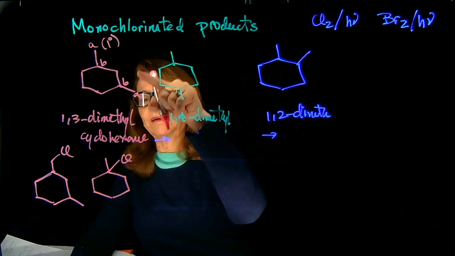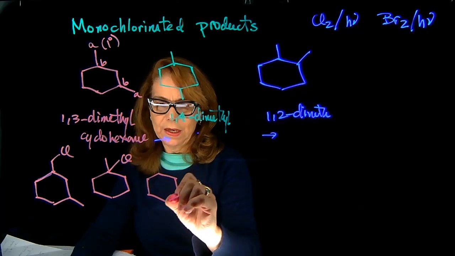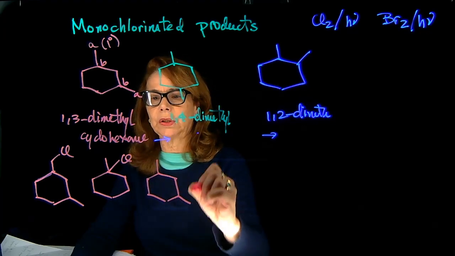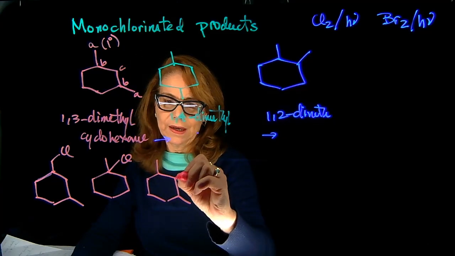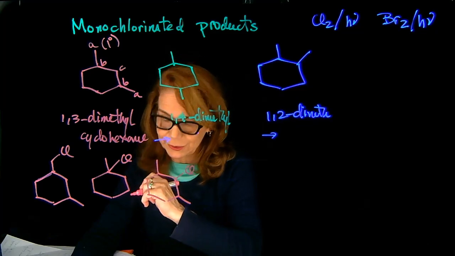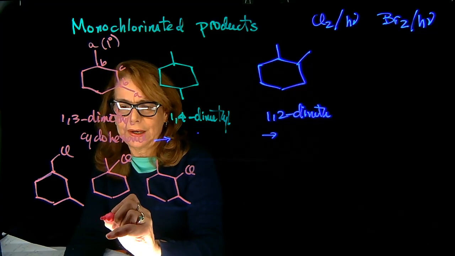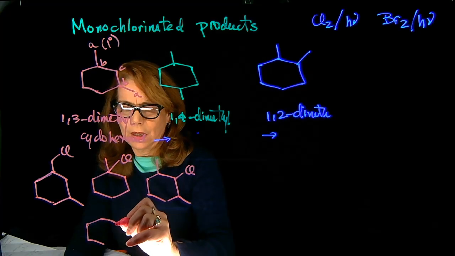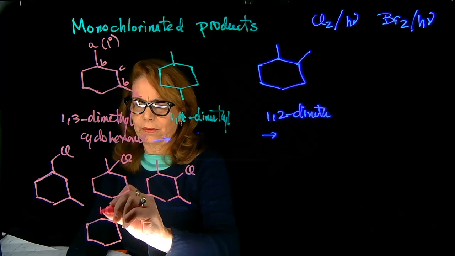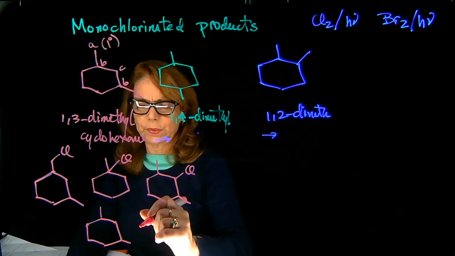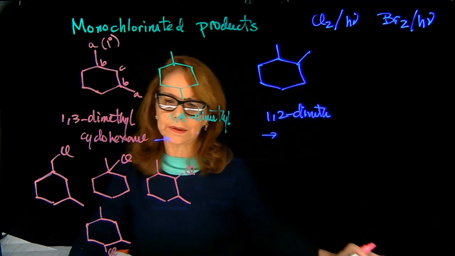Then another possible product: this is your initial molecule, but if you remove one of the H's here, that is another monochlorinated product. And another that I can have, now I have these 2, 1, 3 positions. I can have a halide here.